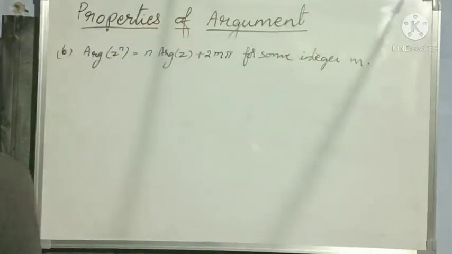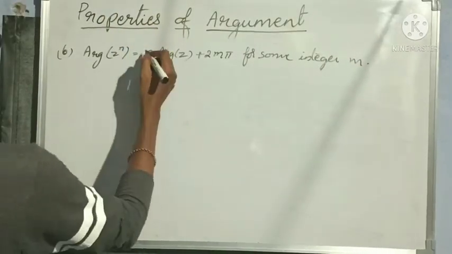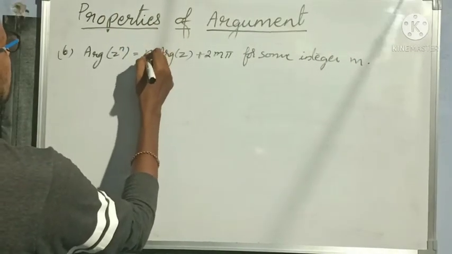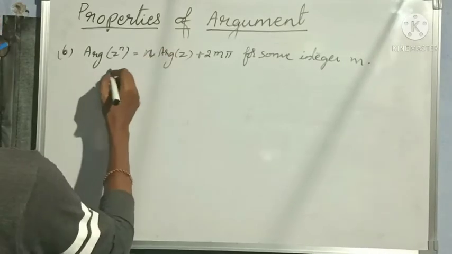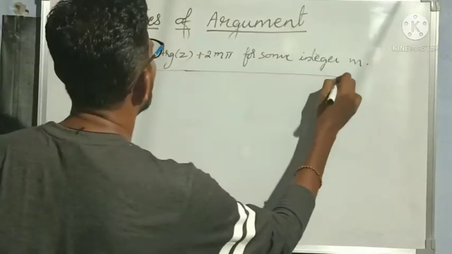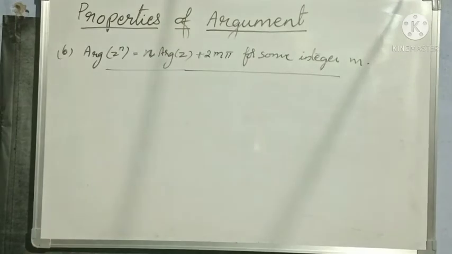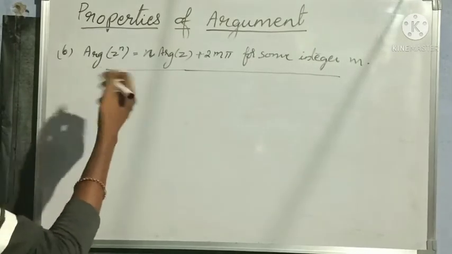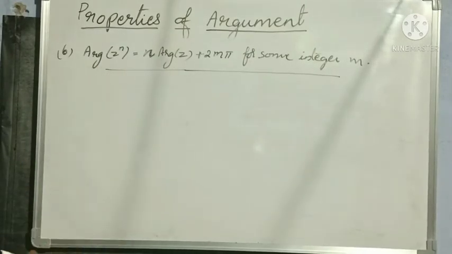So any value you can take. Argument of z power n is equal to n into argument of z plus 2m pi. Same like log of a power n is equal to n log a. Clear? I hope no need of any explanation here. Yes, anyone need any explanation? No need, no. If you want, I will explain.